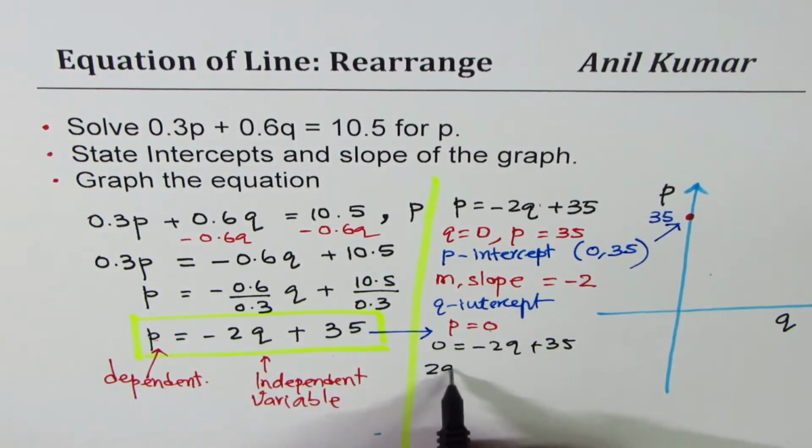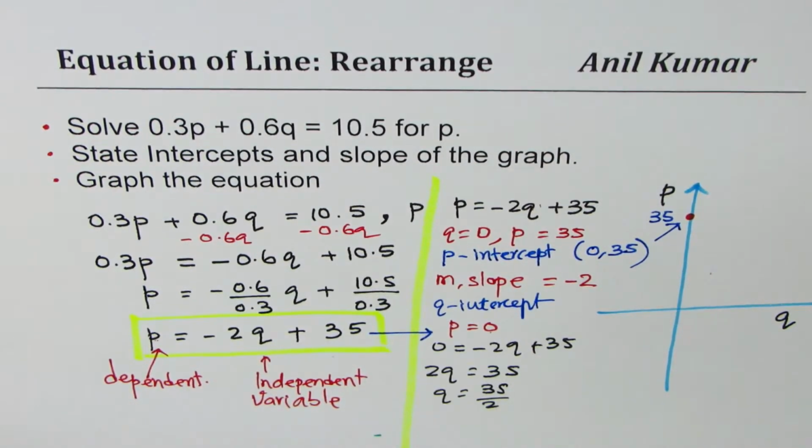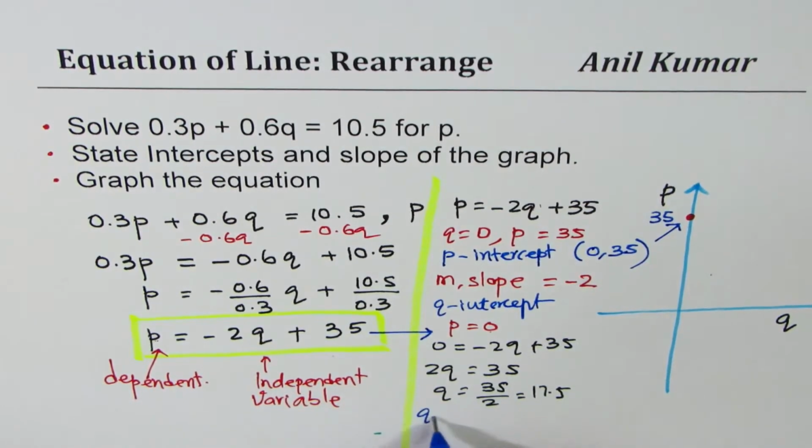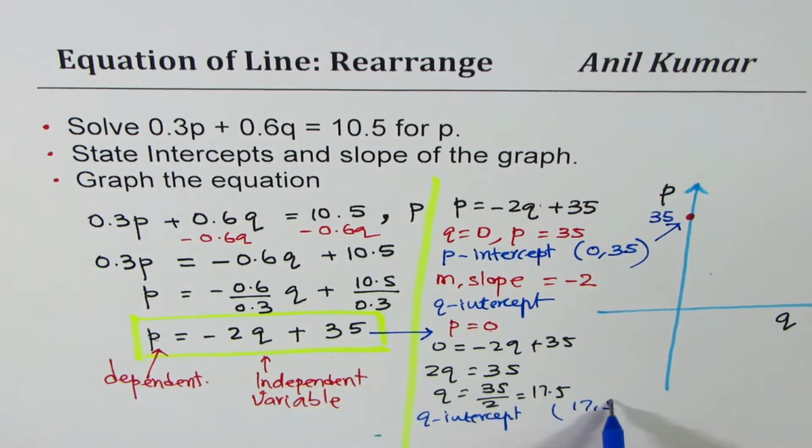Rearrange, so we get 2q equals 35, or q equals 35 divided by 2. So q could be 17.5, for example. So that gives you the q-intercept. So the q-intercept is the q value first, 17.5, and 0 for p, right?